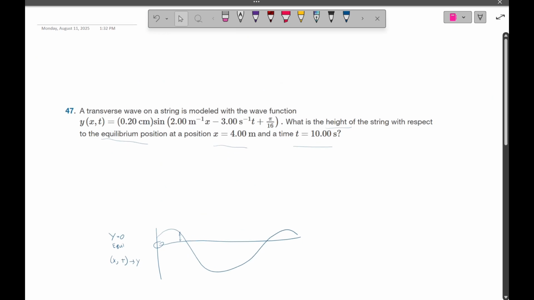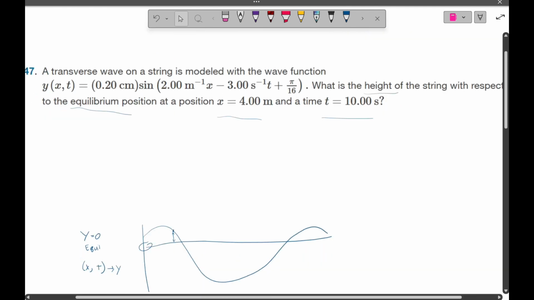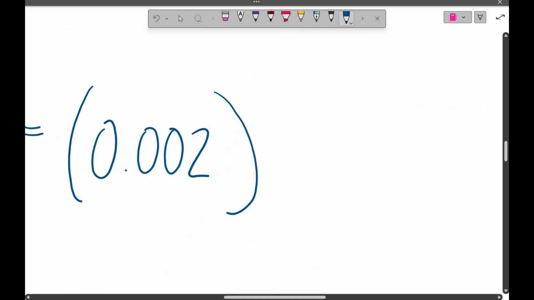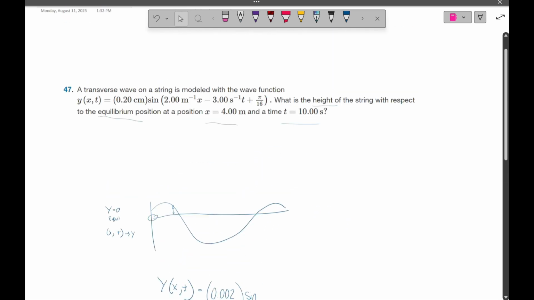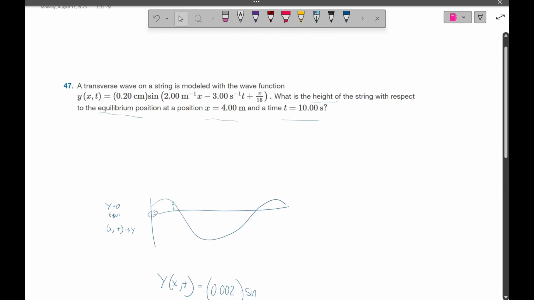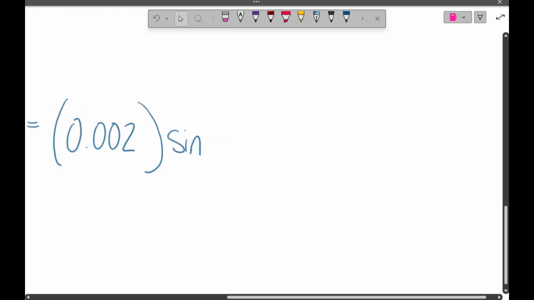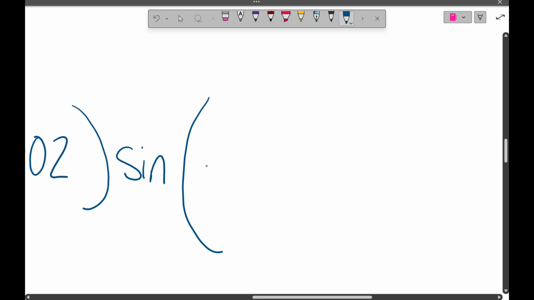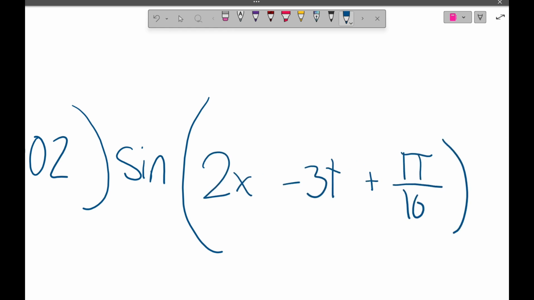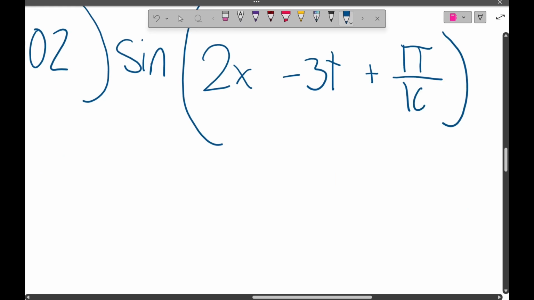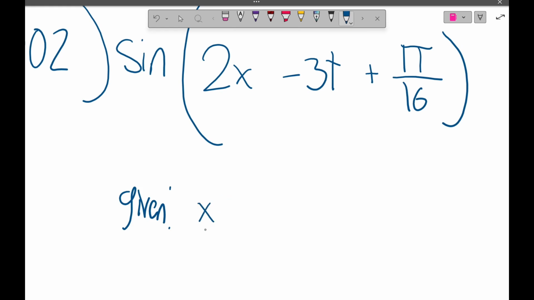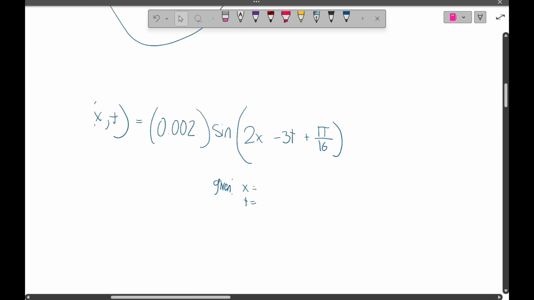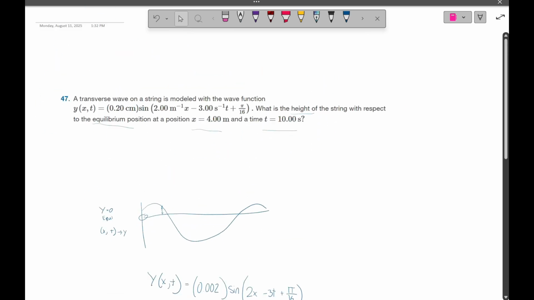I just had to check myself there, so I did a little skip. 0.002 meters times sine of 2x minus 3t plus pi over 16. I'm given x and t, and they are 4 meters and 10 seconds, okay?